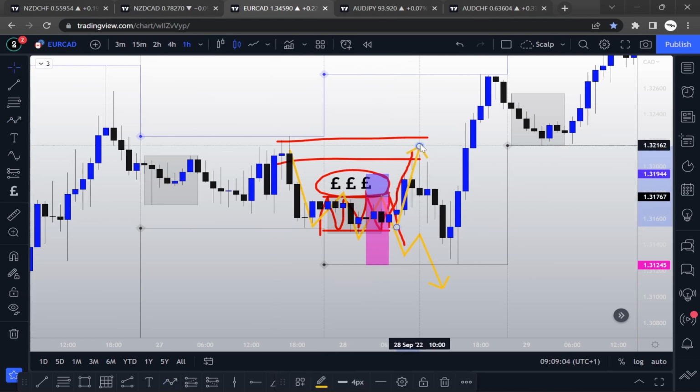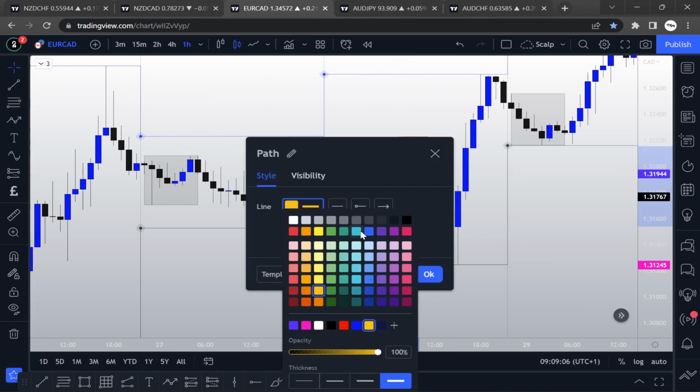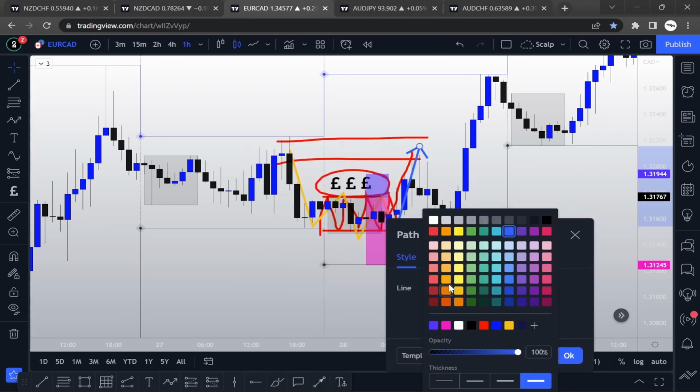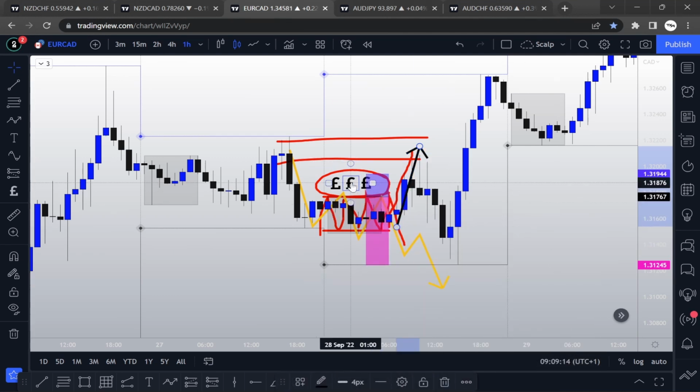Let's now draw this in black. The market first of all grabs all the liquidity from this section, moves to the upside into this unmitigated supply zone, and then the price goes to the downside.